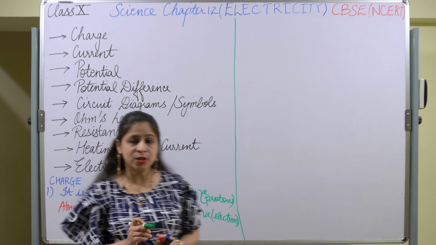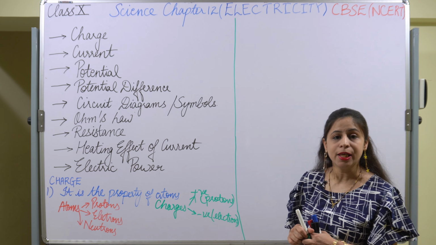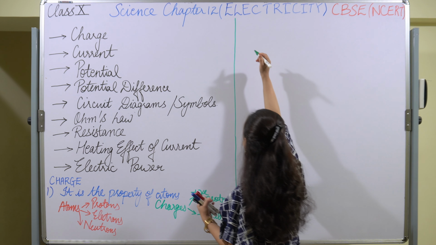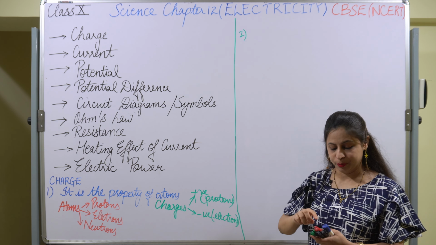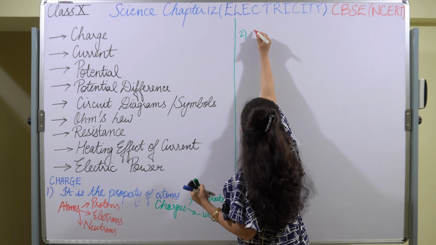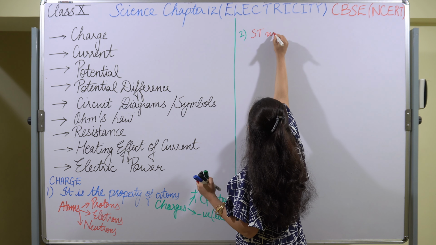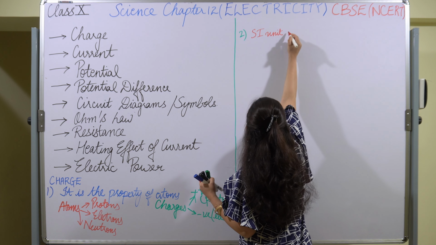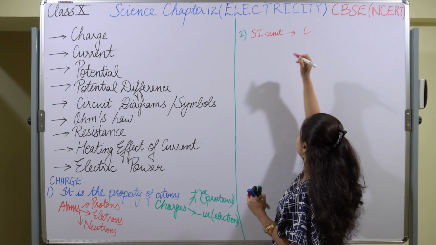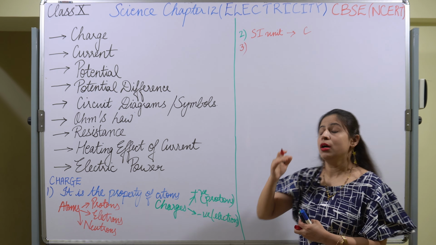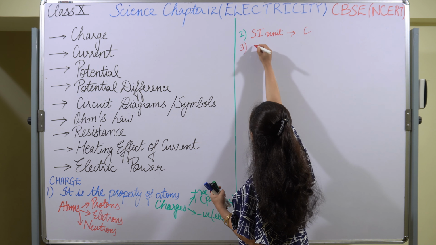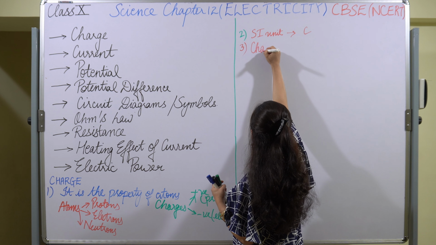The next point to be noted is that the SI unit of charge is coulomb. The third point to be noted is how much the charge on one electron is.